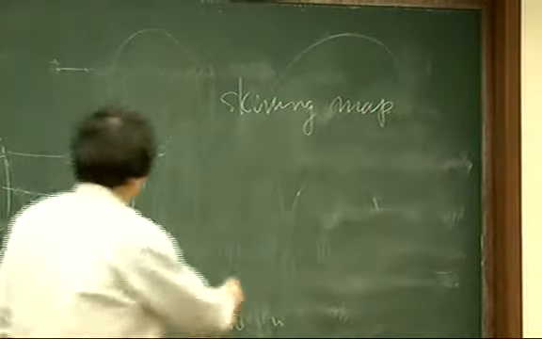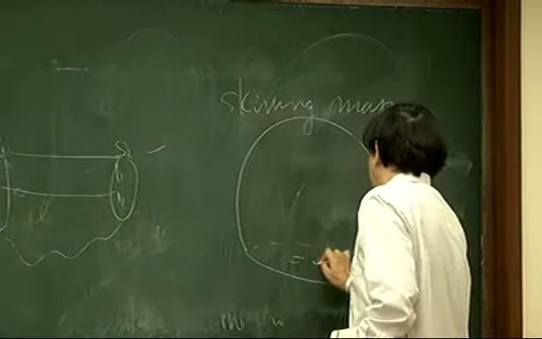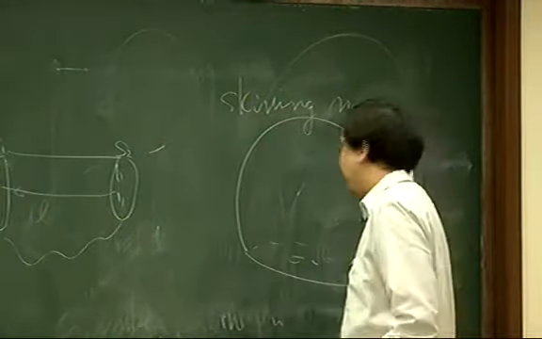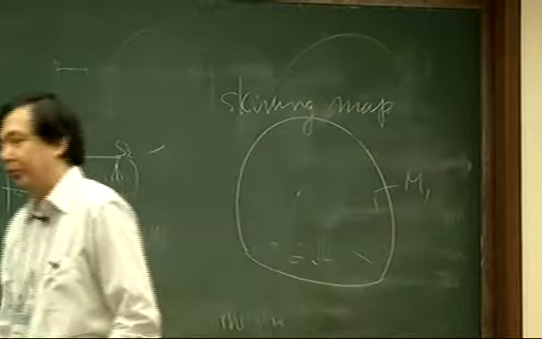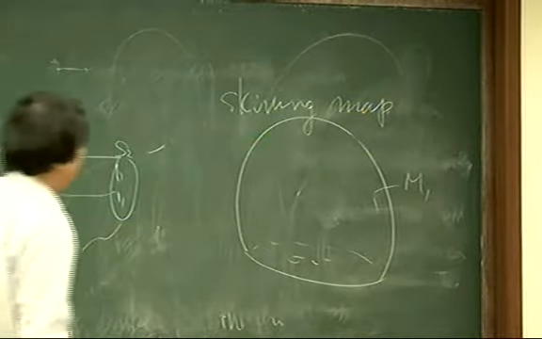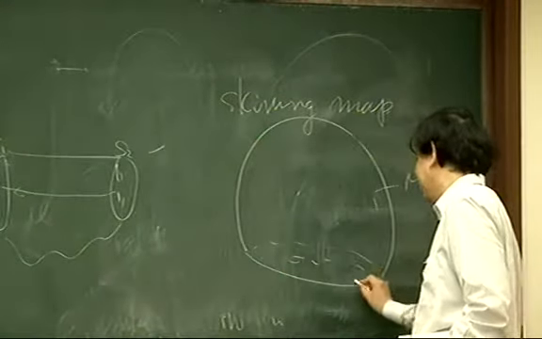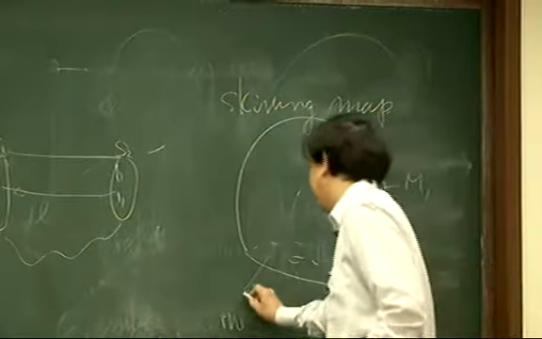Well, because M1 or M2 has a geometrically finite hyperbolic structure, then if you restrict that structure to the surface S, what you get is quasi-Fuchsian.